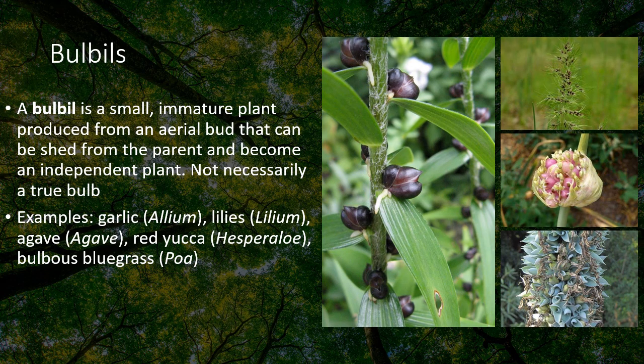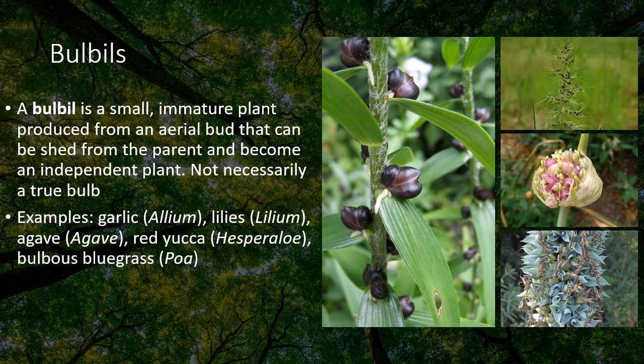And you can even see little aerial roots forming. So what's going to happen in the winter as the top of the plant freezes down is those bulbils are going to be shed onto the soil surface. They are going to root in and they are going to become their own independent plant. So bulbils, an important thing is that they form above ground from a bud, and they are shed from the mother plant in order to propagate the plant.